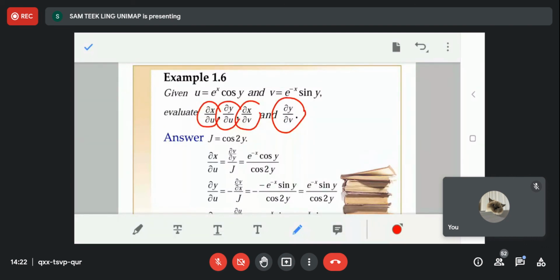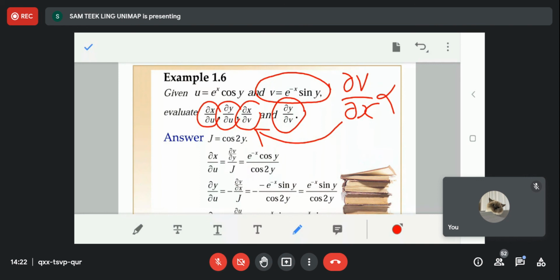So you can see this one, we can directly find del v del x, or del v del y. It's okay. But this one is an inverse function. They want to find the inverse function. They don't want this one, they want del x del v. So we will apply the inverse function.